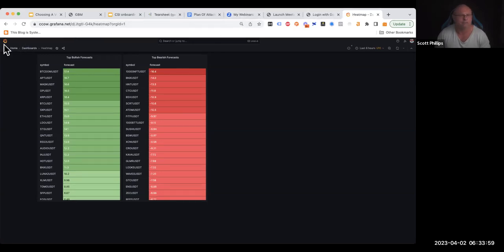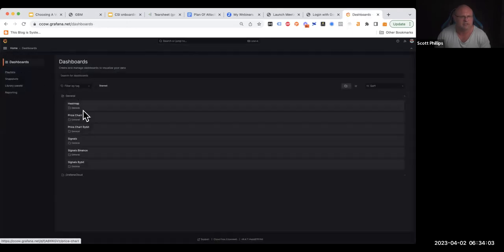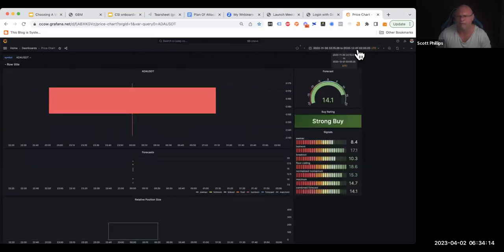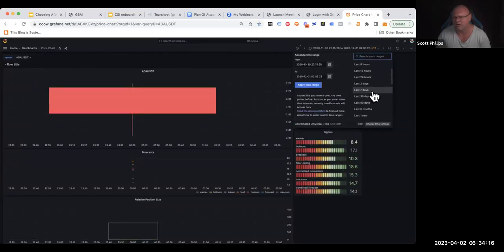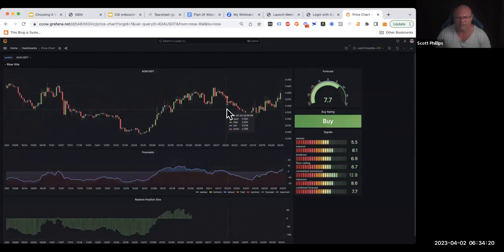So we're looking at trading. Let's have a look at a price chart. Let's pick something I haven't seen in a while. Let's look at ADA. Okay, so ADA, we go short on the 22nd of February, 23rd of February.